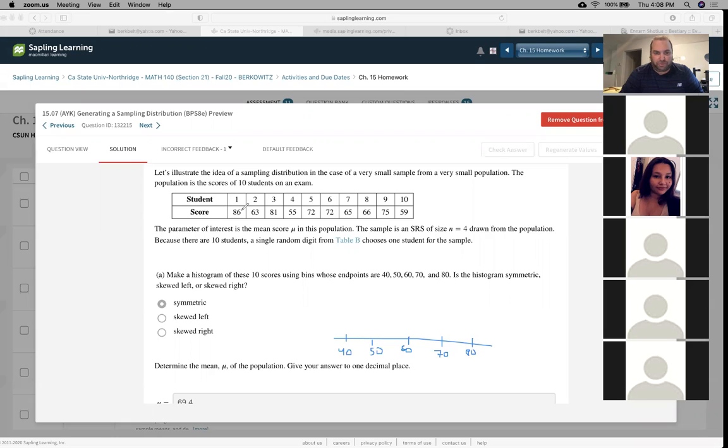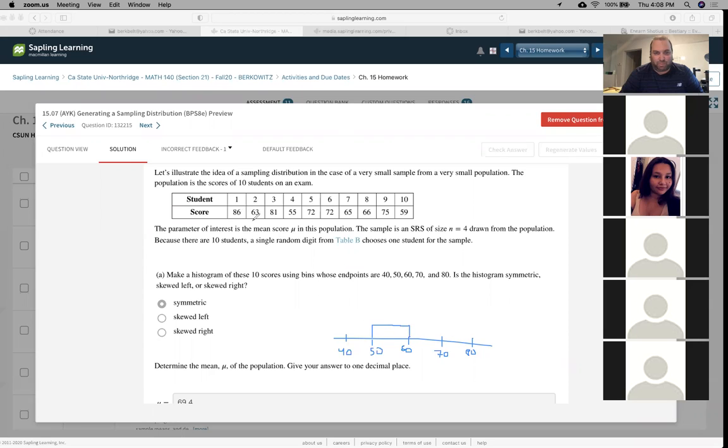The 40 to 50 bin, we have none. The 50 to 60 bin, we have 1, 2. So it'll be a height of 2. So 0, 1, 0, 2.